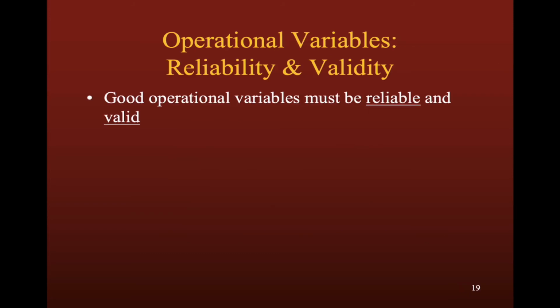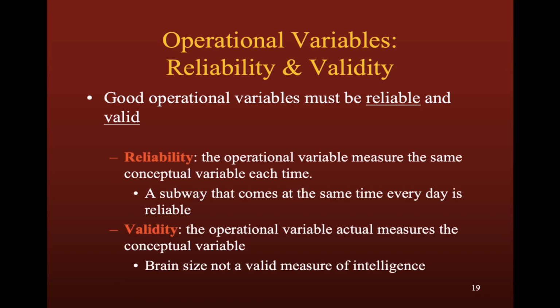An important thing to remember is that a good operational variable must be reliable and valid. So we're going to spend some time later when we get to measurement talking about reliability and validity. But for now, think about reliability as essentially, is your operational variable measuring the same conceptual variable each time? Is it reliably measuring the same thing?